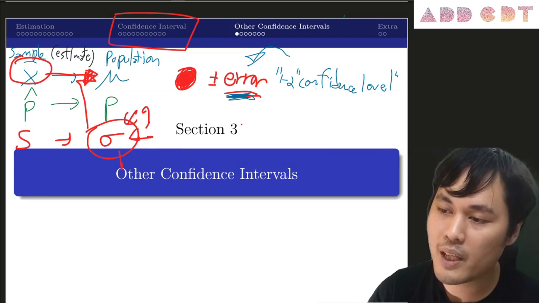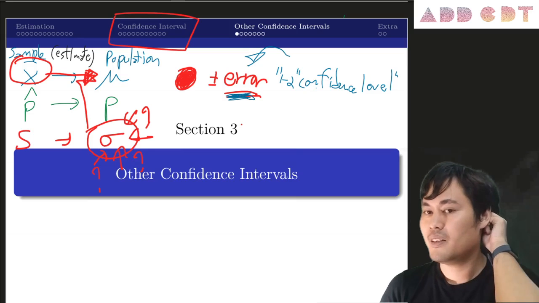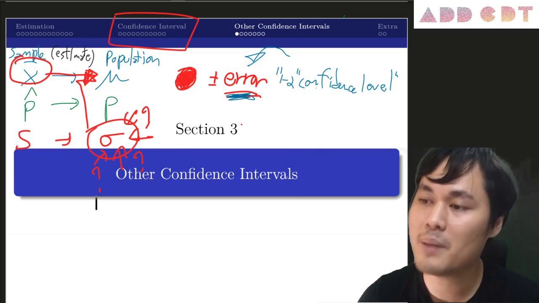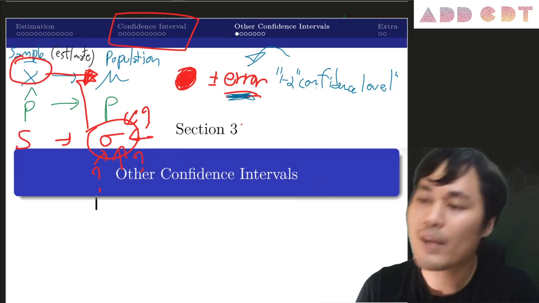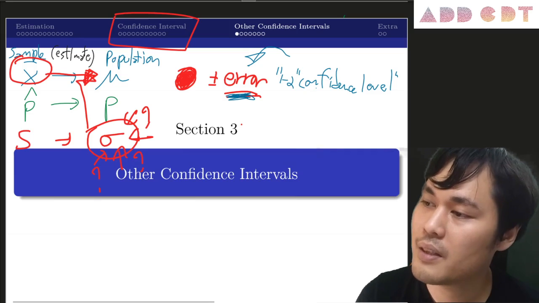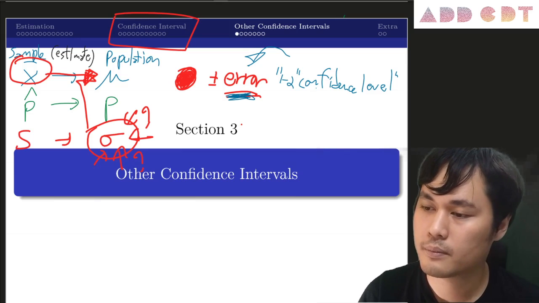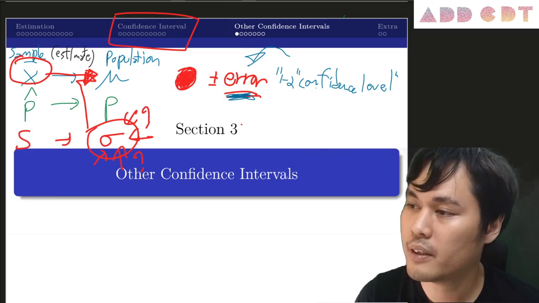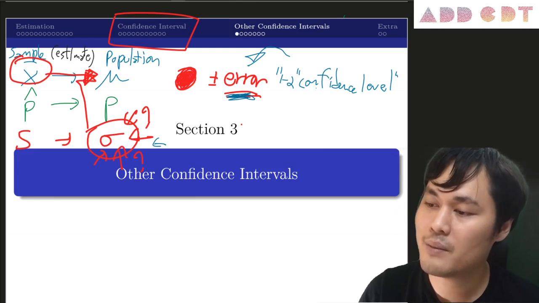How do we get the sigma in the first place? That's maybe kind of weird. If the population is large, and you don't actually know, then how can we get sigma in the first place? And the answer is sometimes we can't. Sometimes we just estimate it.